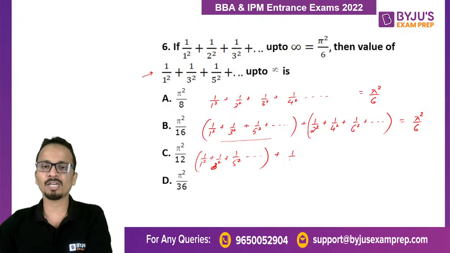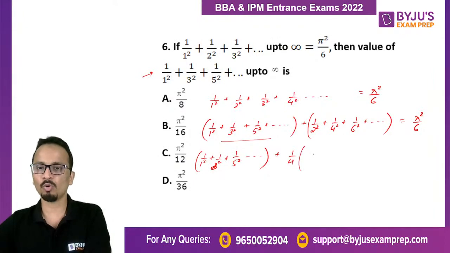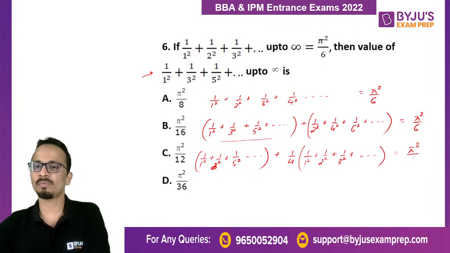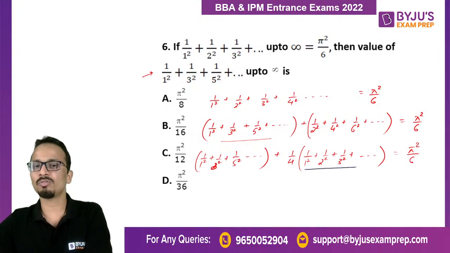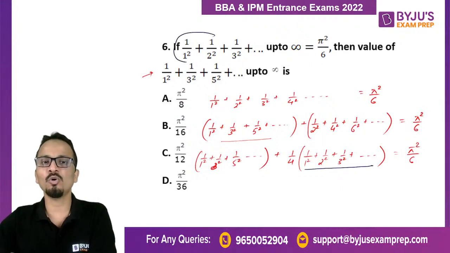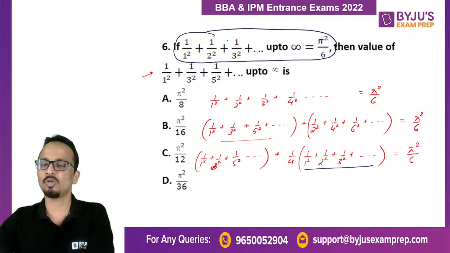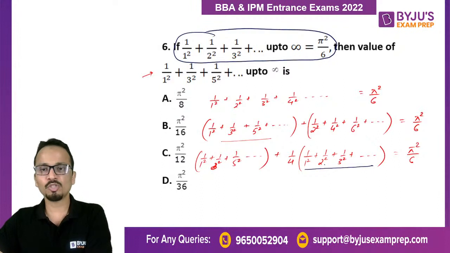So outside the bracket it will become 1 upon 4 and inside it will be 1 upon 1 square plus 1 upon 2 square plus 1 upon 3 square and so on up till infinity, equal to pi square upon 6. Now, what about this second bracket that you can see? This is nothing but the original equation from where we started. So I'll substitute pi square upon 6 instead of this.